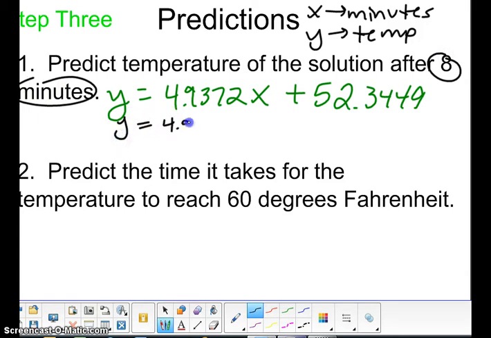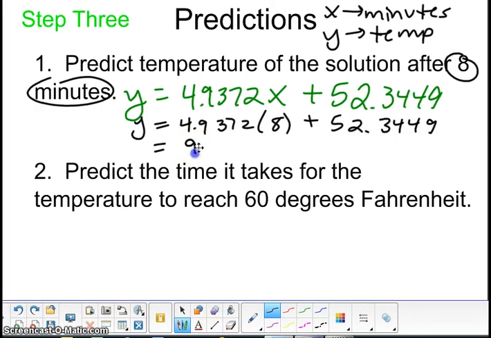So go ahead and push pause and solve for y so we can do a prediction on the temperature. The answer is 91.8425 degrees, or approximately 92 degrees Fahrenheit. Make sure you're labeling along the way.